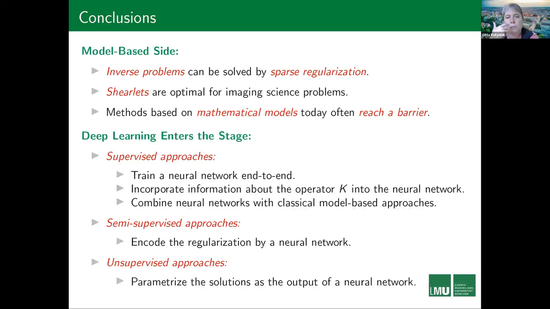Then there are other approaches which one could call semi-supervised, where, for instance, one uses a neural network for regularization of the inverse problem. These gave also very good results, as we saw, and then maybe a different category where we characterize the solution as the output of a neural network.